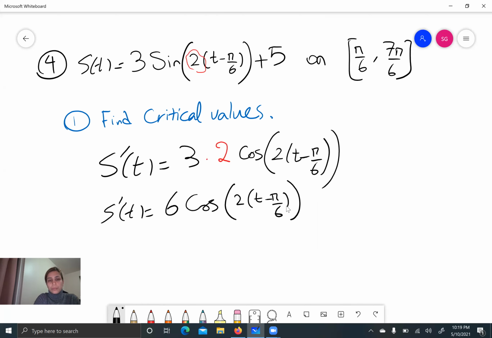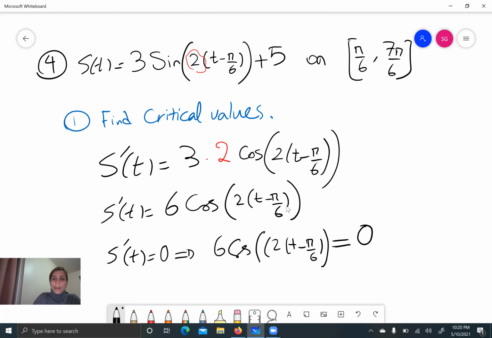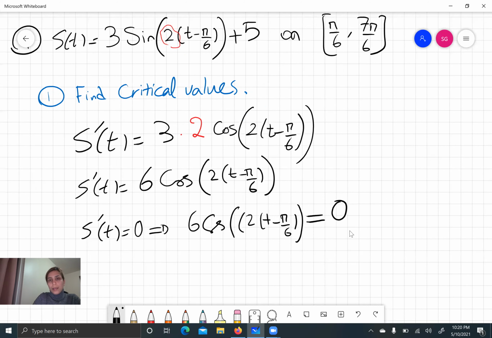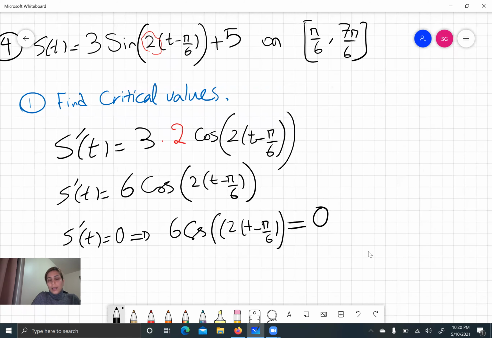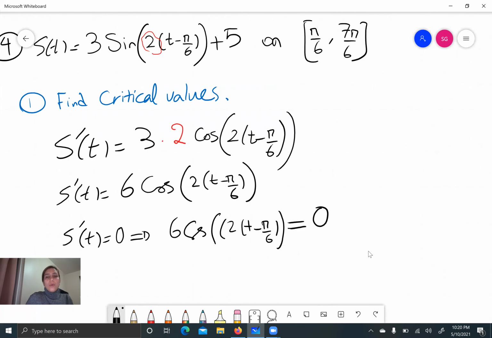We need to set it equal to 0. So 6 cosine of this angle equals 0, which happens if and only if cosine is 0.